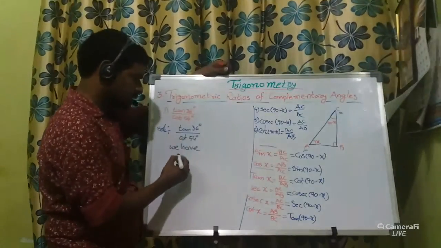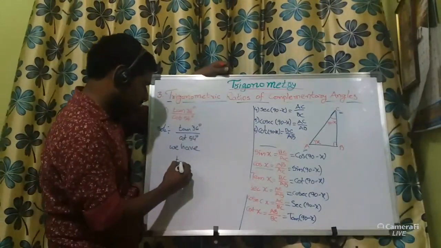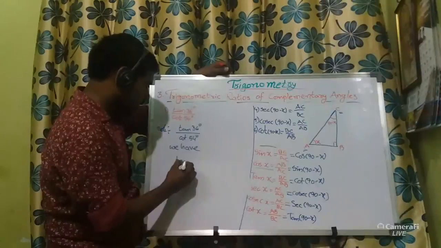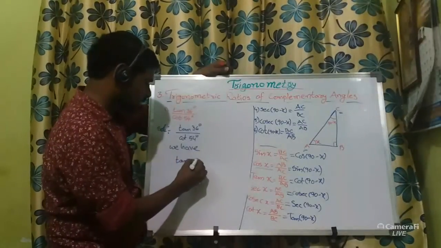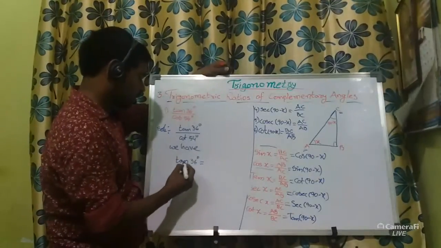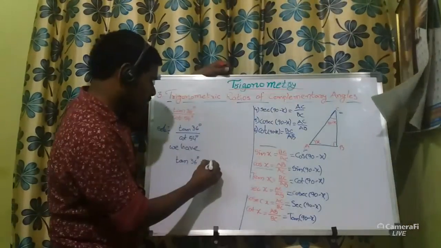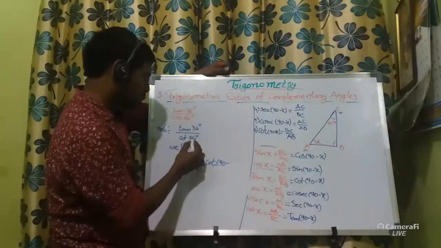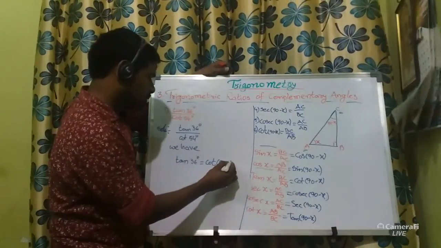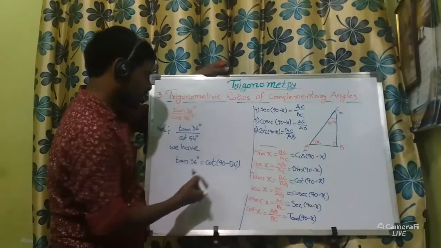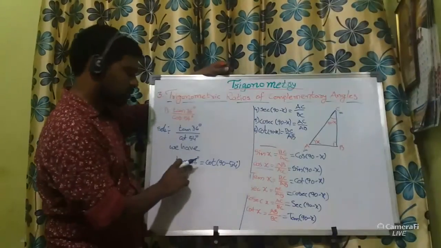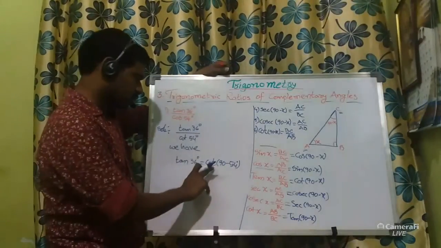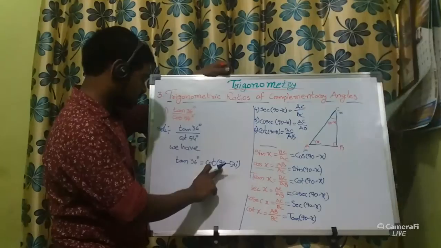Tan 36 degrees is equal to cot of 90 minus 54, and 90 minus 54 is equal to 36.